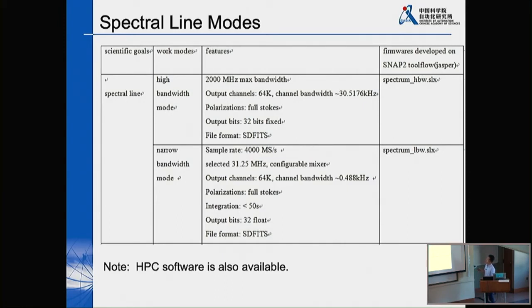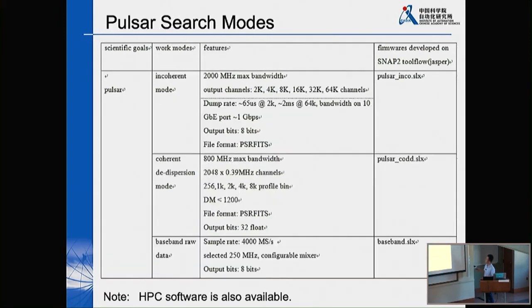For spectral line mode, under high bandwidth mode, the max bandwidth is 2 gigahertz, and under the narrow bandwidth mode, the channel bandwidth can be less than 0.5 gigahertz. For the pulsar search mode, it can work as incoherent mode, coherent dispersion mode, and baseband raw data storage mode.